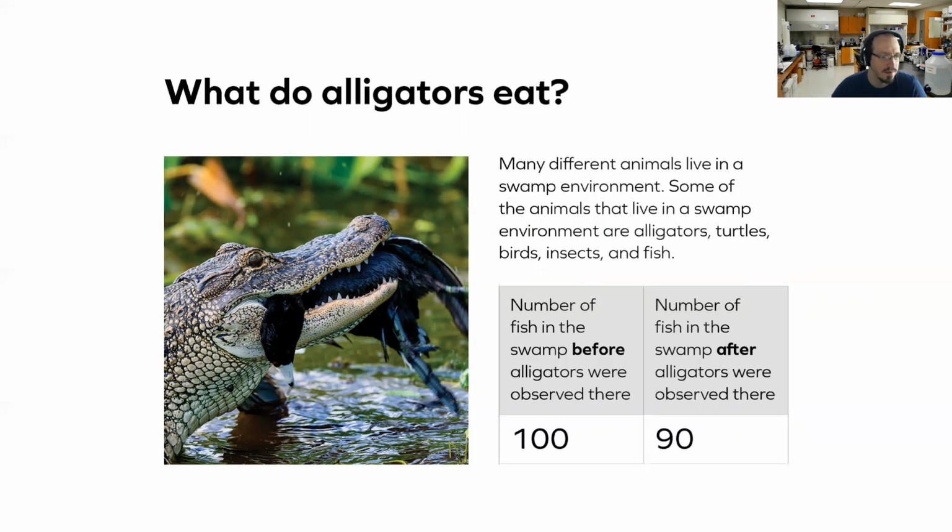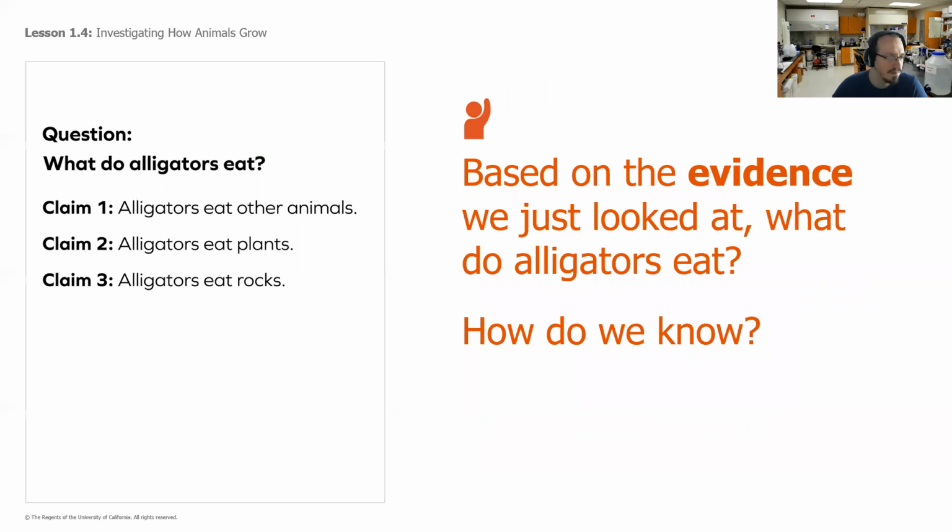So evidence to support a claim can come from books, investigations, observations, a bunch of different sources. In this case, the evidence is our observations of the photograph and the information in the table about fish in the swamp. So based on this evidence, what do alligators eat, and how do you know that?